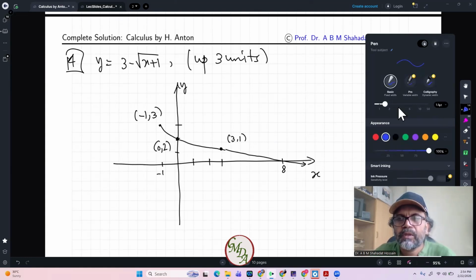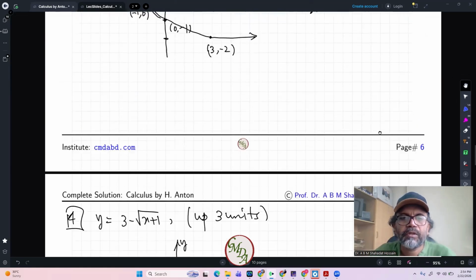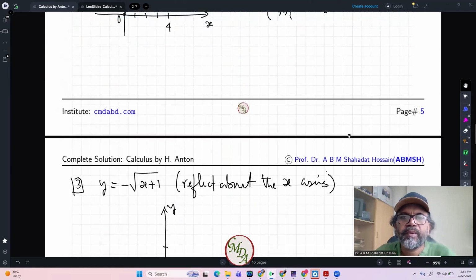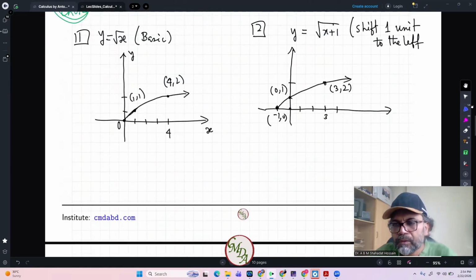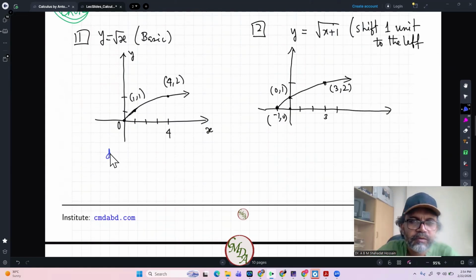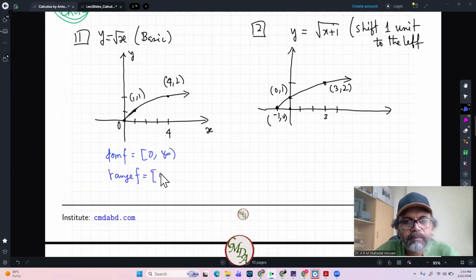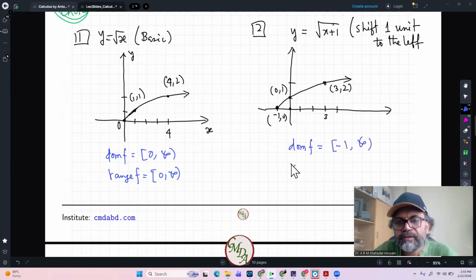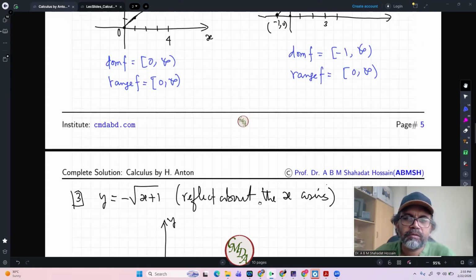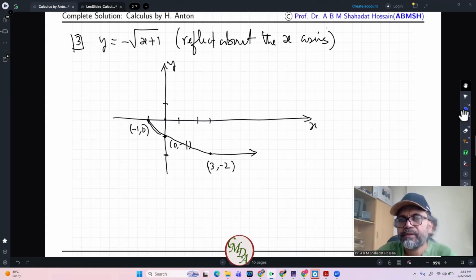We'll discuss the domain and range in short. See here how the domain and range actually change. The domain is 0 to infinity, and the range is the same, 0 to plus infinity. Here the domain shifts 1 unit to the left, so -1 to infinity, and the range is still 0 to infinity, since the movement is horizontal. Now we have a reflection here, so the range is changed.